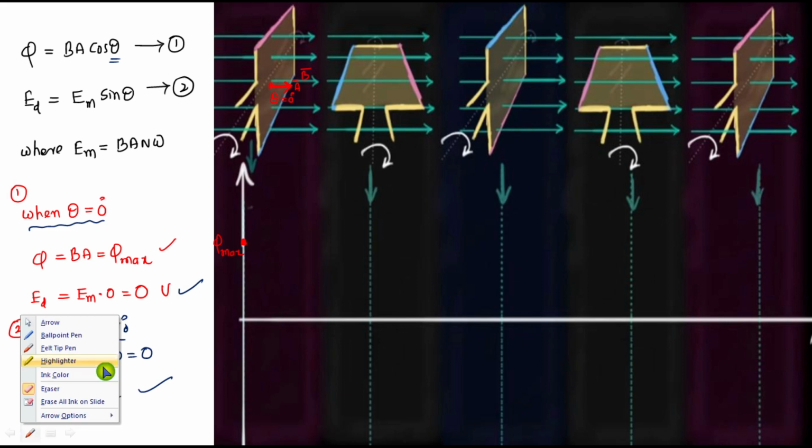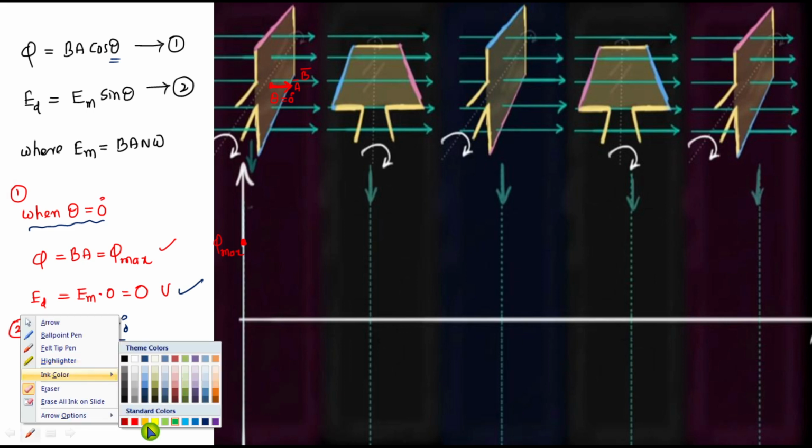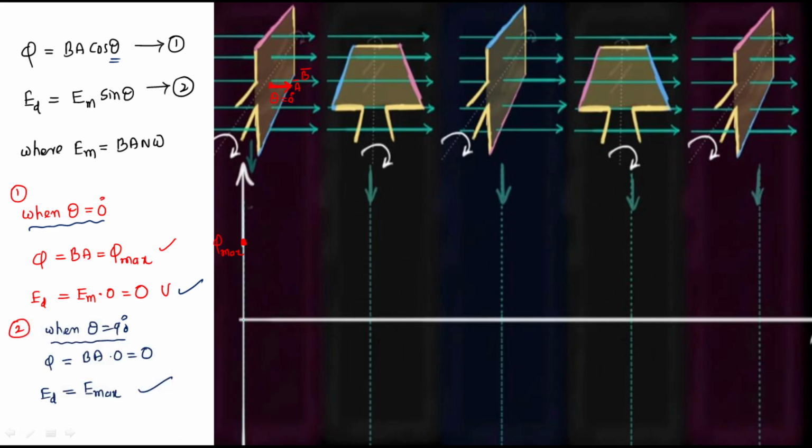The red color marker is the representation of magnetic flux, and the blue color marker is the representation of EMF. So at this instant, when theta equals 0, we have maximum flux and 0 EMF.